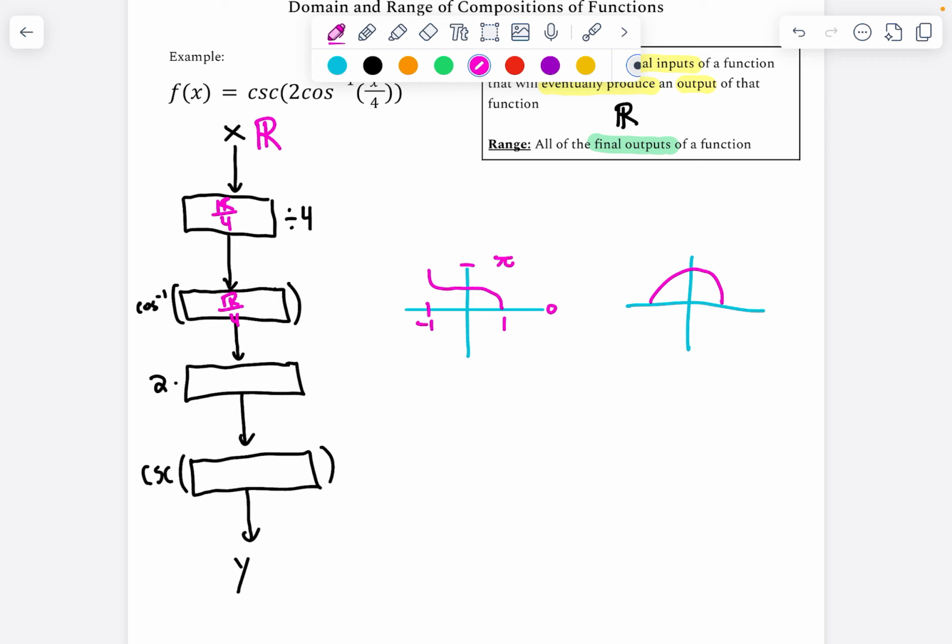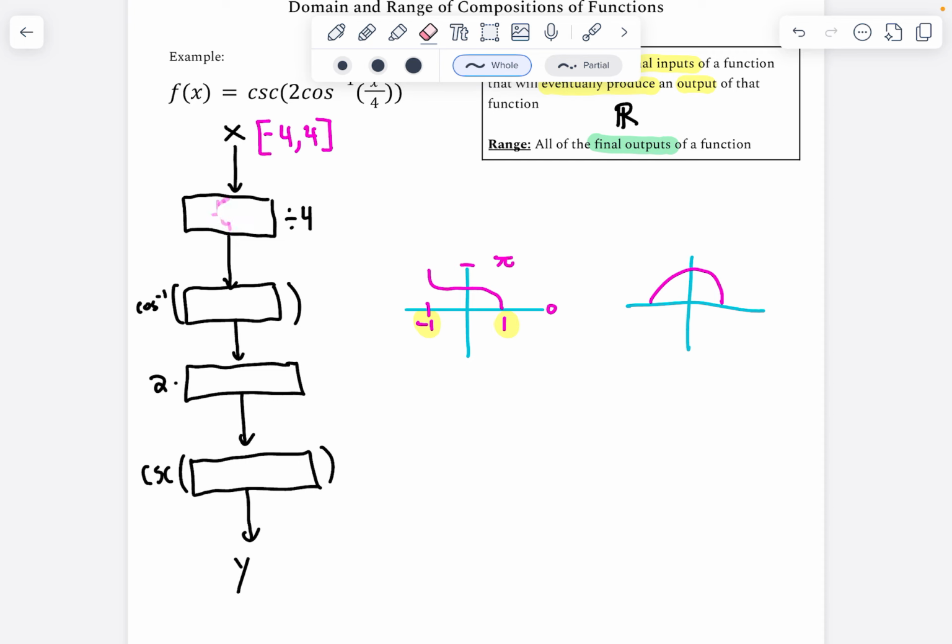So the cos inverse function will only take inputs from -1 to 1. From my real numbers over 4, the things that will actually give me -1 to 1 would be starting with anything from -4 to 4. So my original x's actually should have only been -4 to 4.